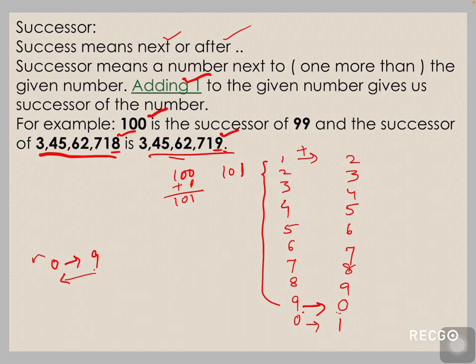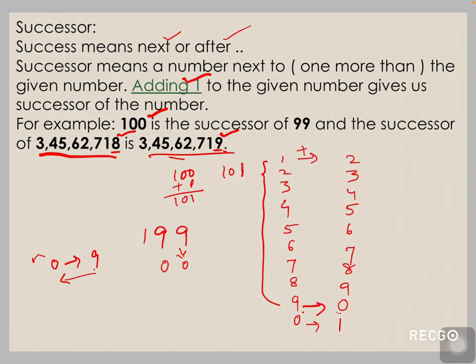Clear? For example, if I take an example, say I have 199. As I told you, here it will be 0. What will be here? 0, because wherever 0 was there in the predecessor, you are adding 9s and subtracting 1 from the neighboring one.